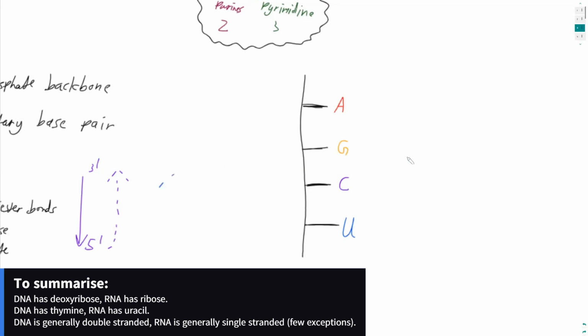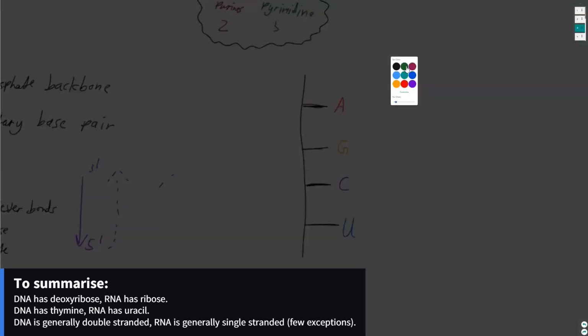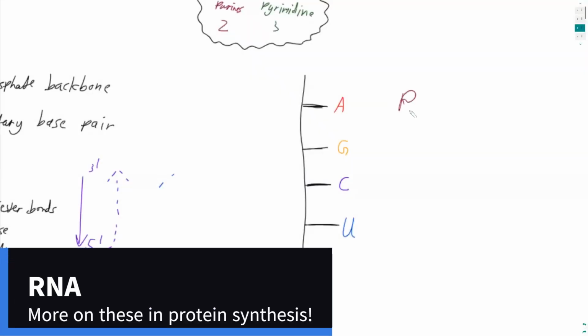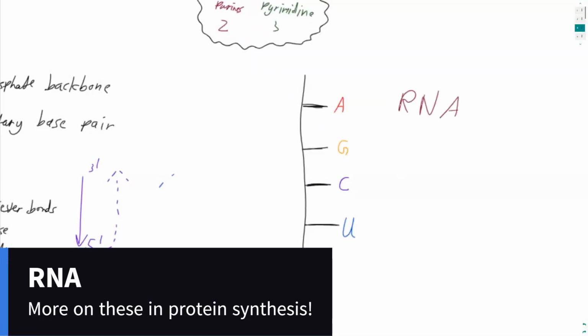And there are multiple types of RNA, which we will discuss in our protein synthesis video. So there's mRNA, rRNA and tRNA.